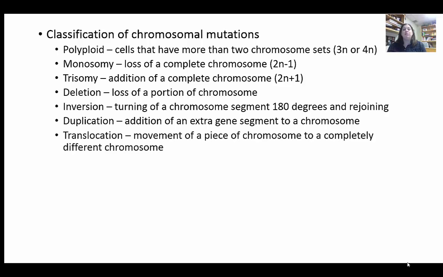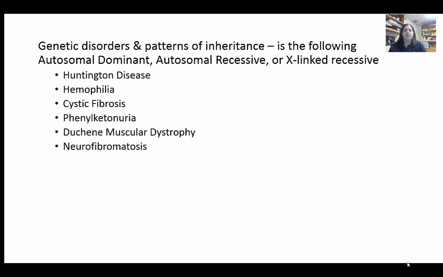Translocation is where we take and break a piece off and it moves to a completely different chromosome. So a piece of 2 breaks off and it gets added on to chromosome 11. So that's translocation.